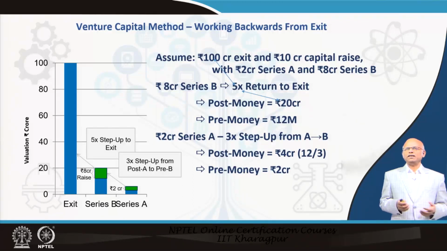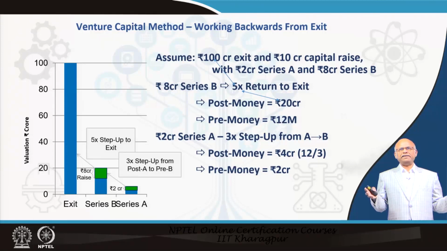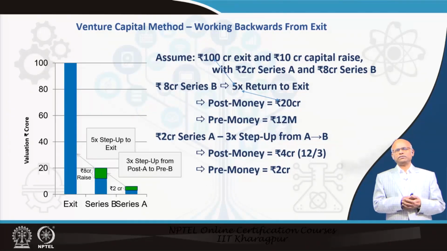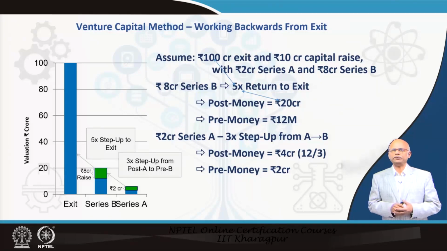Now, assume that you are exiting at a valuation of 100 crore and say you raised total capital of 10 crore. Total capital meaning from series A you have raised something like 2 crore, series B you have raised say 8 crore, series A of 2 crore, series B of 8 crore.